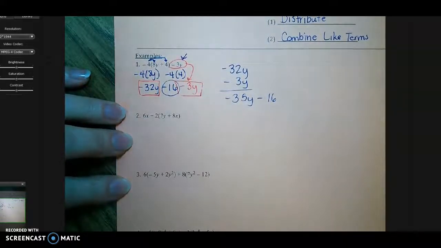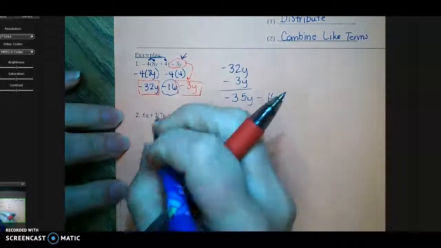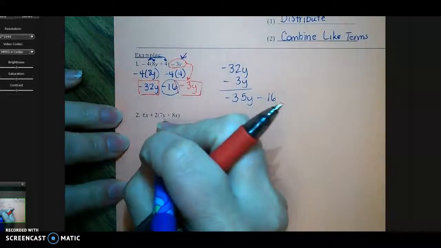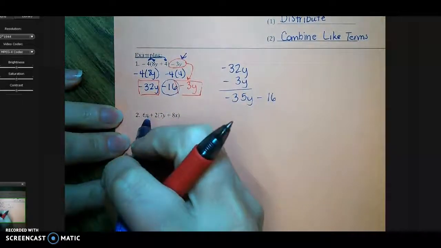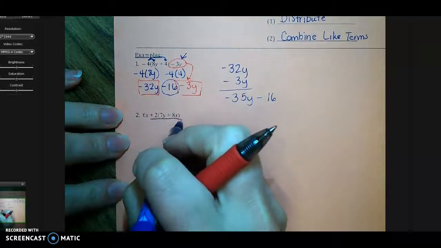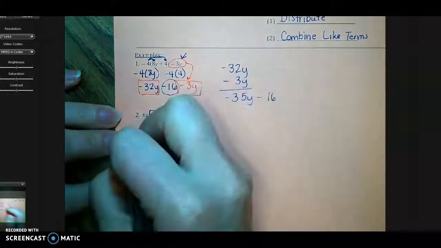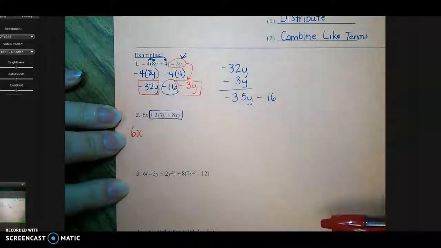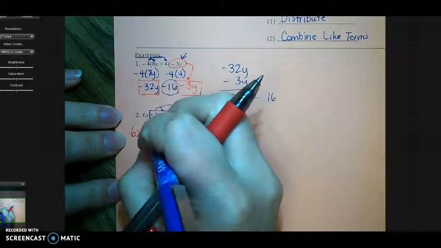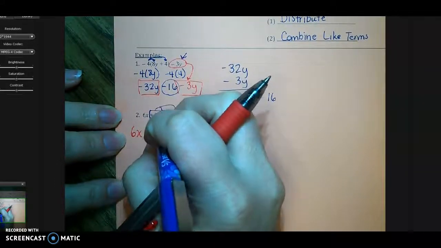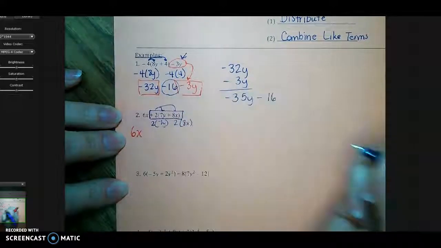On our next one here, we have 6x plus 2 times the quantity. And that means I'm multiplying times everything in there again. So it's a +2, so I need to take care of this part first, and then I'll come back for that 6x. And you can always write it out front to not forget it. So I'm going to multiply everything times the 2. So I'm going to do 2 times 7y. I'm going to do 2 times 8x.